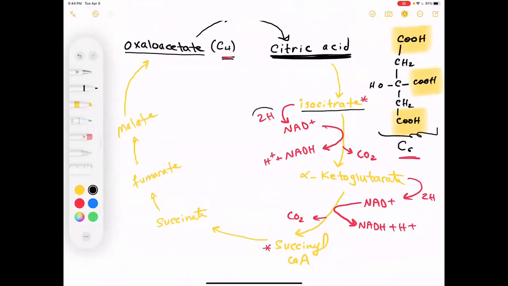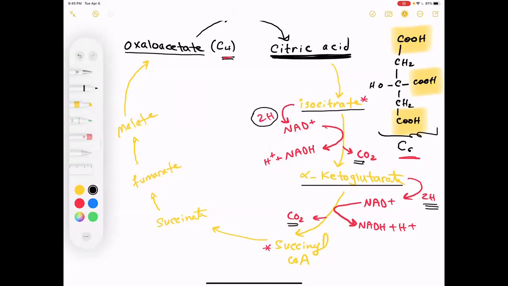We oxidized isocitrate and we decarboxylated isocitrate. Isn't that what we did to alpha ketoglutarate? We oxidized alpha ketoglutarate, we decarboxylated alpha ketoglutarate. So this phase of the Krebs cycle is the oxidative decarboxylation phase.